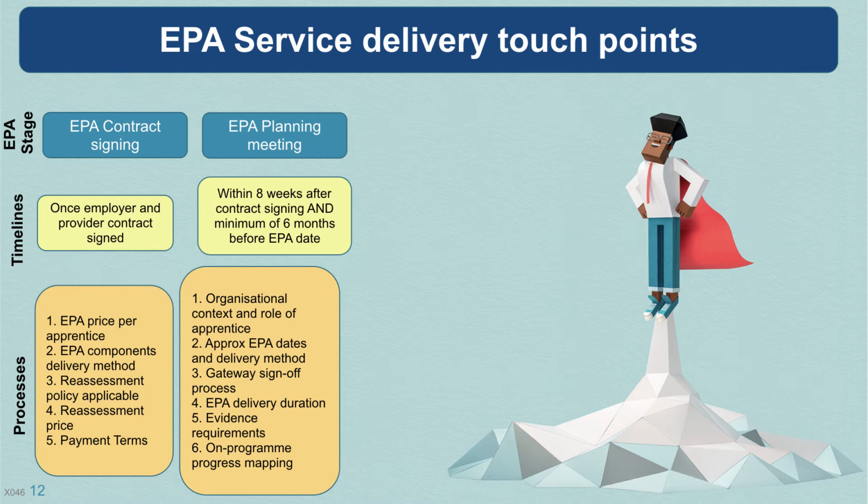But essentially, that's to set the context, to understand the training delivery that's taking place, to understand the employer's context and the organizational context within which the apprentice is working, because that's really, really important as well from our perspective. So that's essentially what we're terming as the EPA planning meeting.